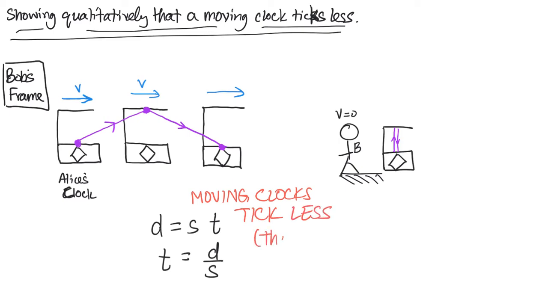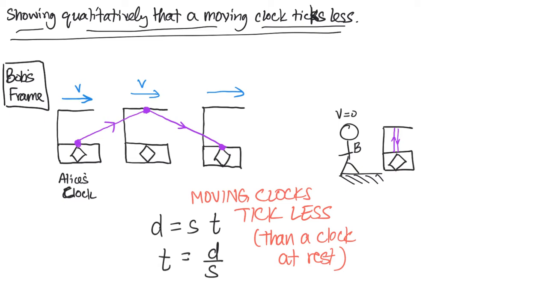And tick less than what? Well, than a clock at rest. Okay. So if we were to put names to this, in Bob's frame, right, Bob's clock is at rest. So Bob's clock is the clock at rest, Alice's clock is the moving clock. So in this frame, Alice's clock ticks less than Bob's clock.